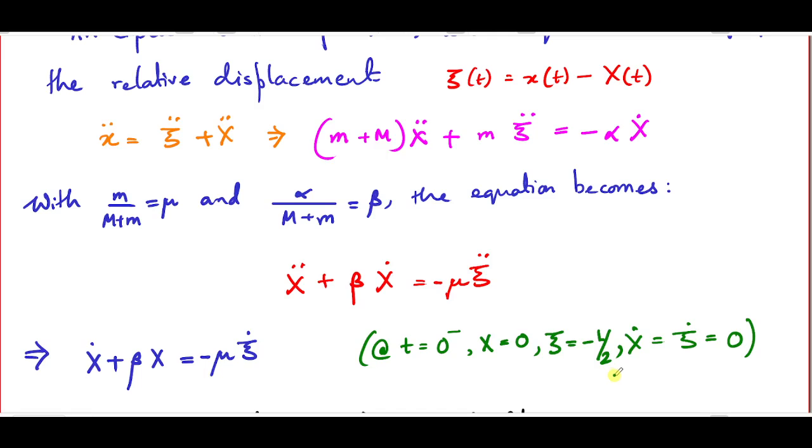Xi is minus L by 2, which simply means that from the center of the boat, the boatman is on the other side, L by 2 distance to the left, and capital X dot and xi dot are both 0. These are the initial conditions which have been put in to arrive at this.